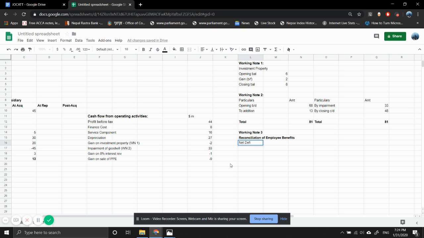Net defined obligation at beginning. Then after that net interest. Then after that service cost. Then after that what do we do? Contribution into plan. Benefits paid.